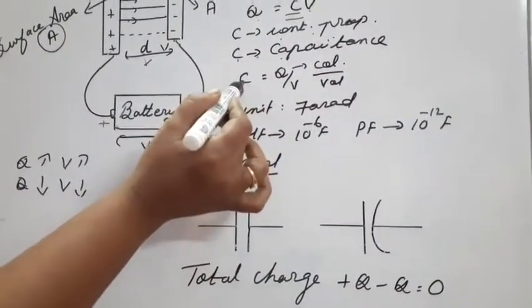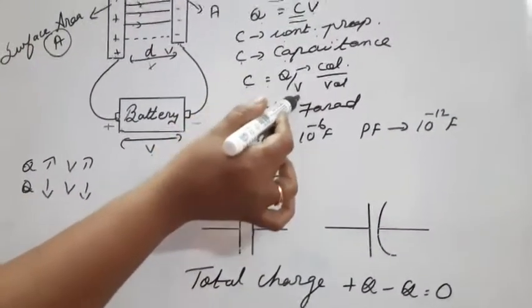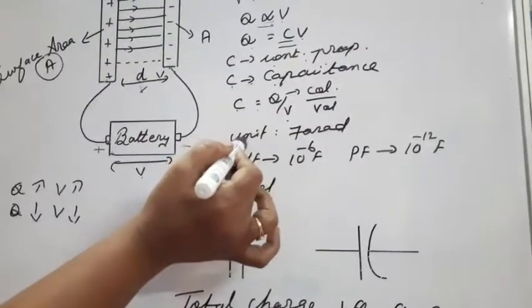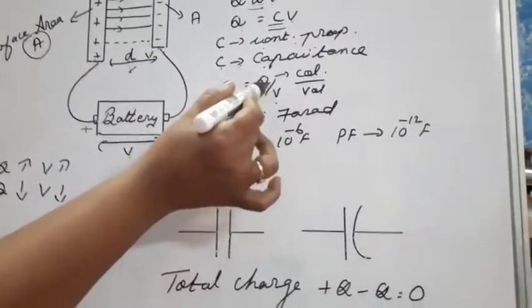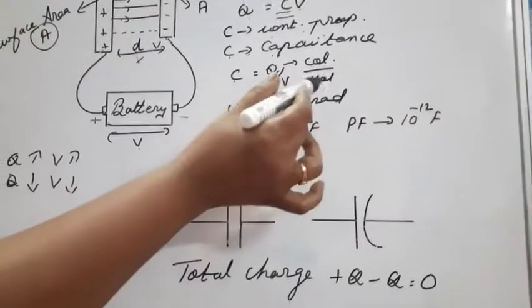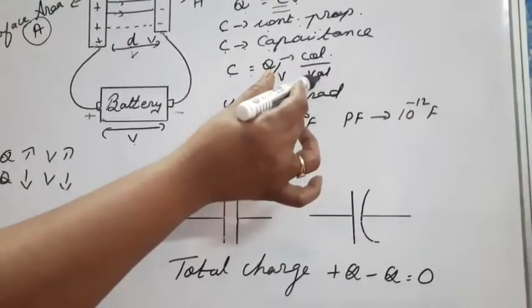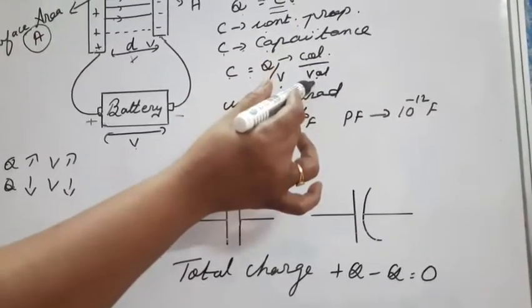Now we can calculate the C value: C equals Q by V. The unit of capacitance is coulomb for Q, and volt for V, so coulomb per volt.